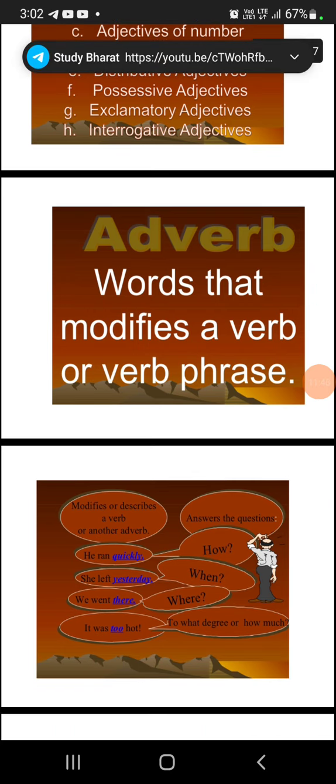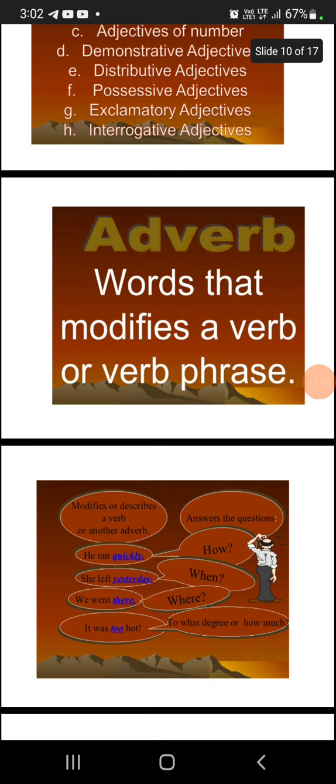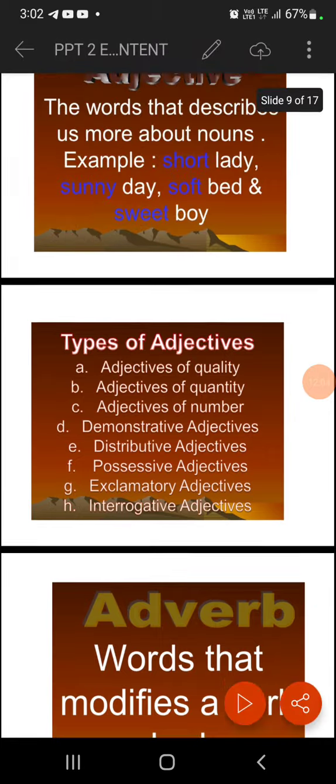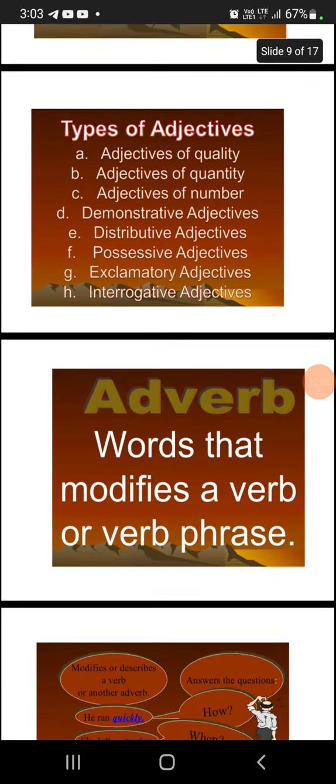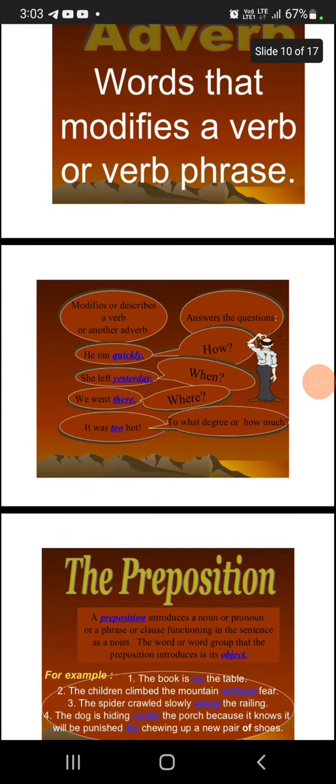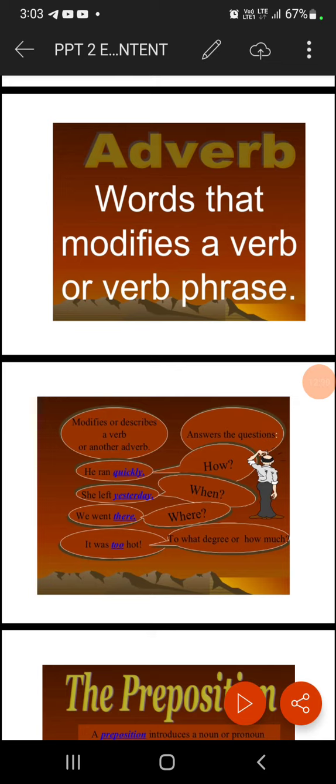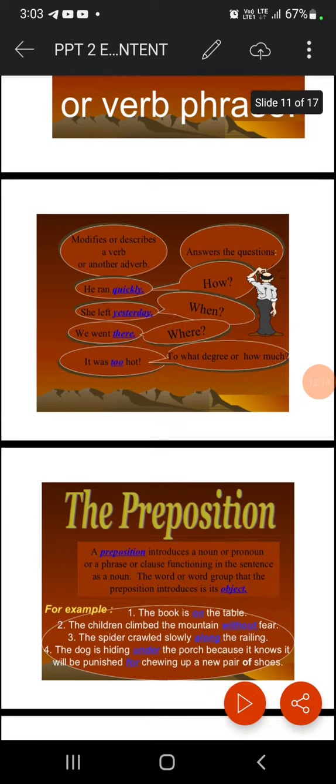The noun is the collective group of things, representing a person, place or thing, and pronoun represents one or more persons. And adjective describes more about noun, and adverb modifies a verb or a verb phrase.